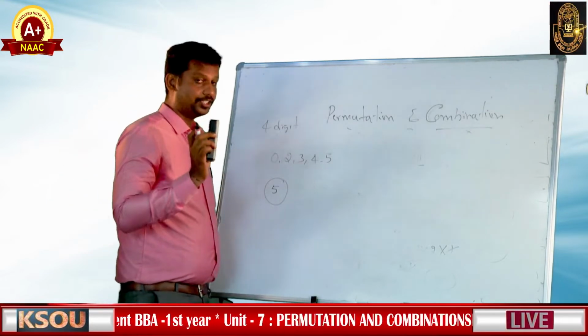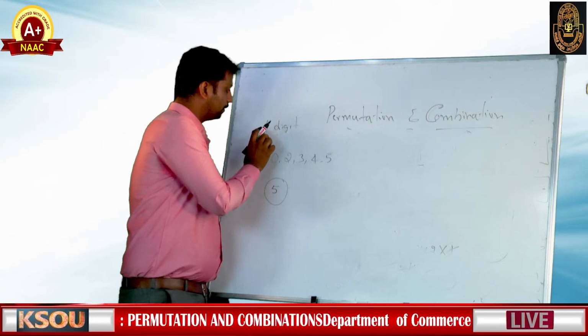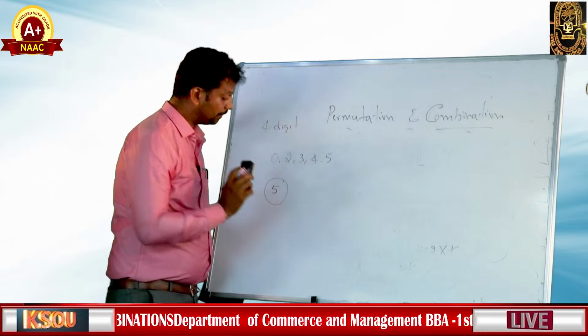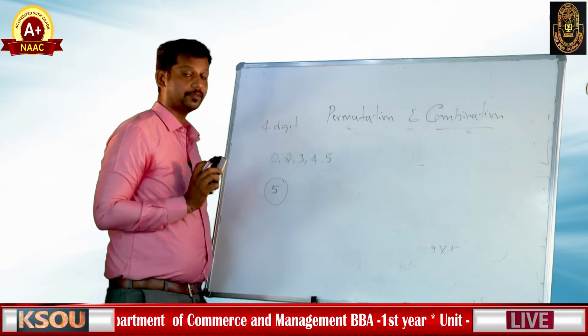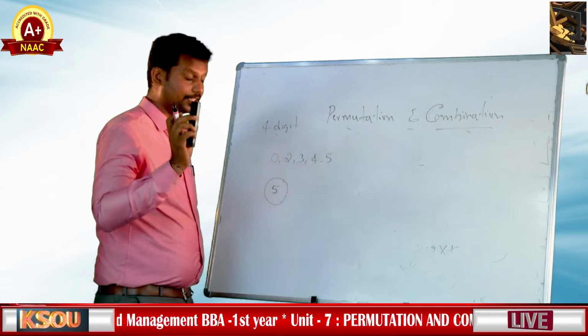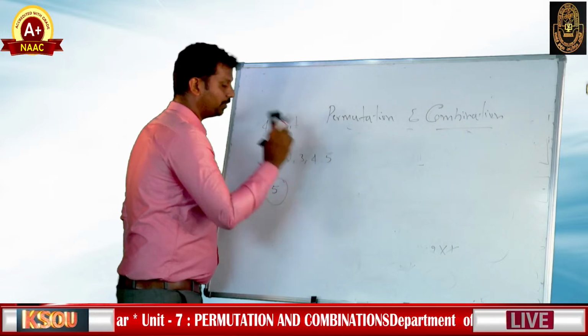So you should select and arrange the numbers. The number will have 4 digits, but the value must be divisible by 5. The digits are 0, 2, 3, 4, 5.